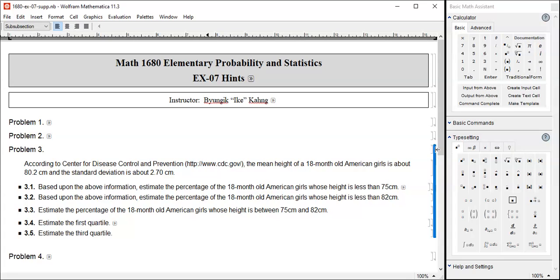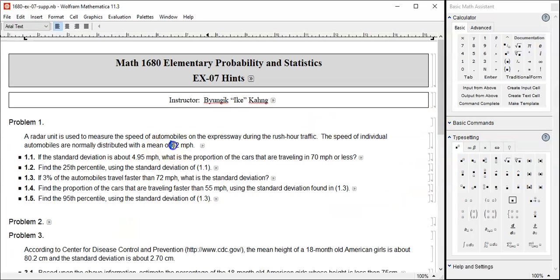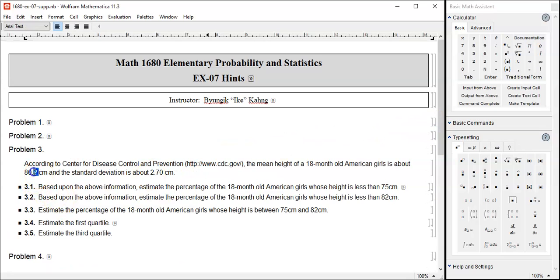Okay, here we go. According to the Centers for Disease Control and Prevention, the mean height of 18-month-old American girls is about 80.2 centimeters, and the standard deviation is about 2.70 centimeters. So previously we had a mean of 62 and standard deviation of 4.95. Here we have a mean of 80.2 and a standard deviation of 2.70.